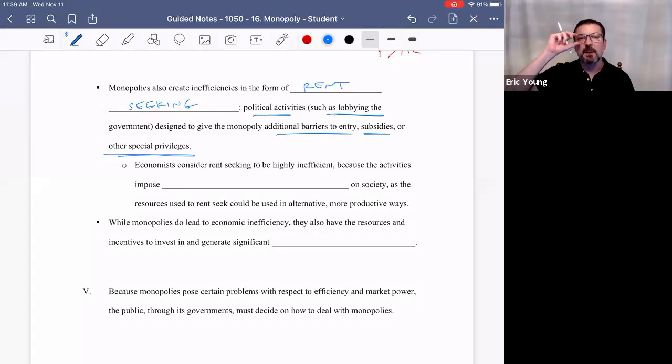So not only do monopolies violate the total surplus and the allocative efficiency and the productive efficiency, but monopolies engage in rent-seeking behavior. They actively try to influence the political process, often through lobbying, in an effort to have government create even more barriers to entry to insulate themselves even more, or to get subsidies, or to generate any other kind of special privilege. Okay?